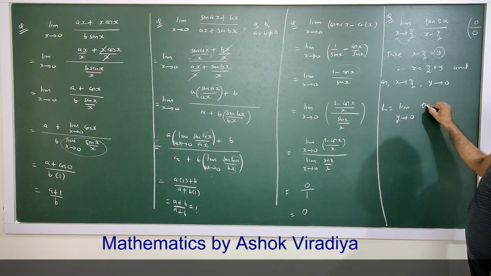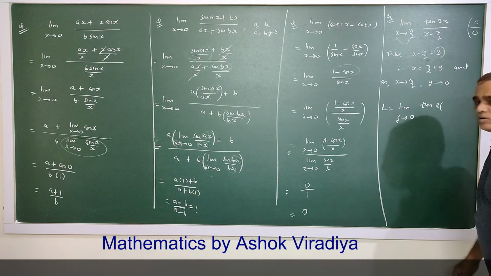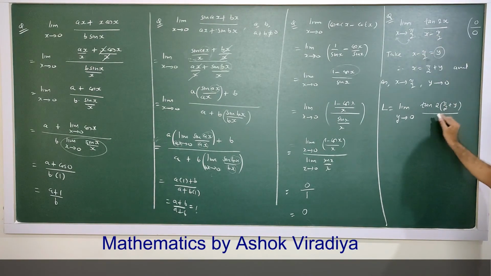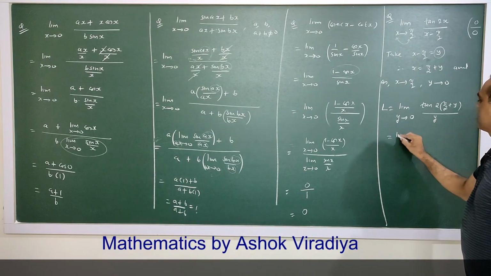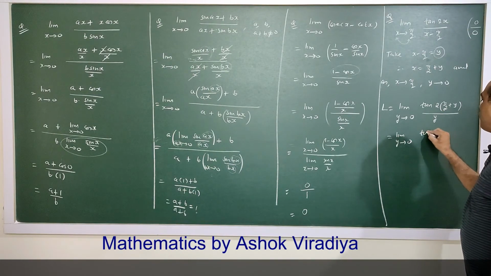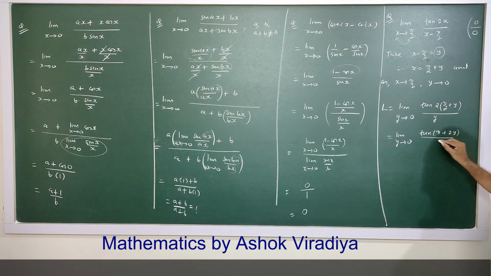Tan of 2x, 2 into x is pi by 2 plus y, upon y. So limit y tends to 0, this is tan of pi plus 2y upon y.